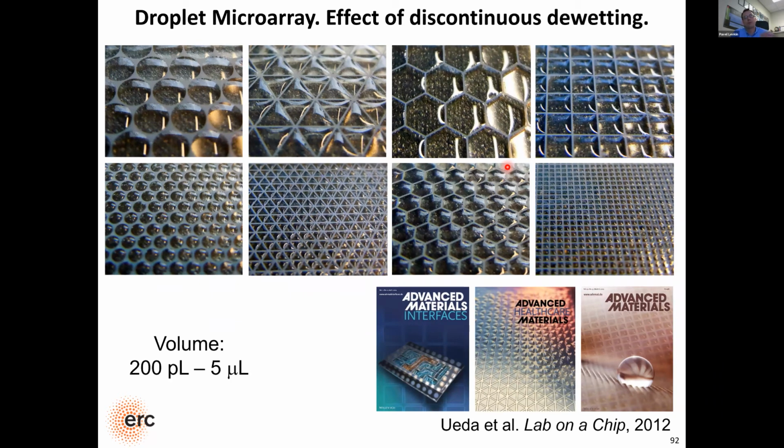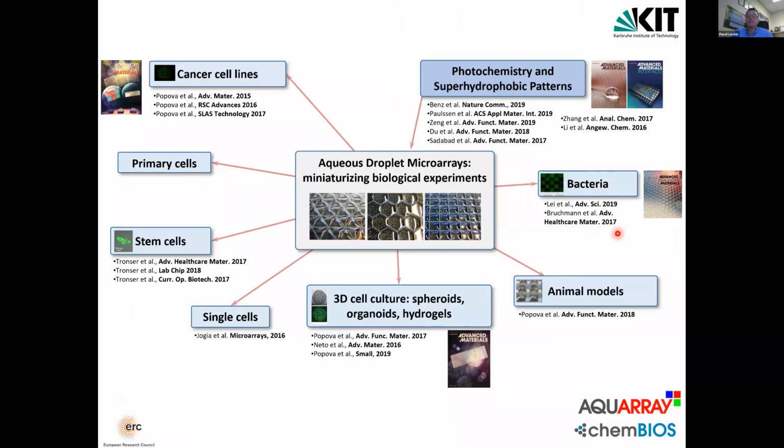So over the last few years, we have been working on the translation of this observation into a platform for biological miniaturized screenings, and we have shown applications of this droplet microarray for culturing of cancer cells, primary cells, stem cells, for doing single cell screenings, to make also 3D cell culture, or bacterial screens, and so on.